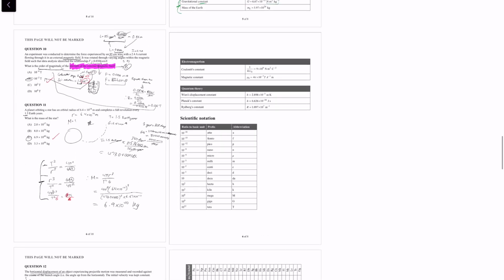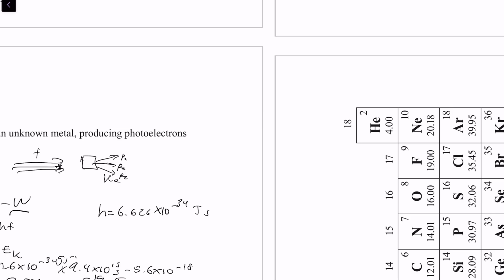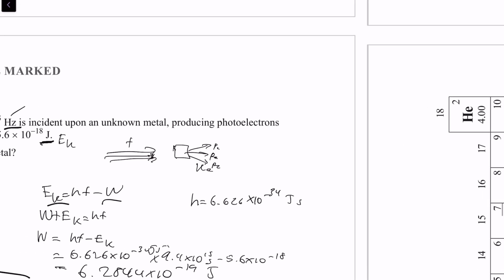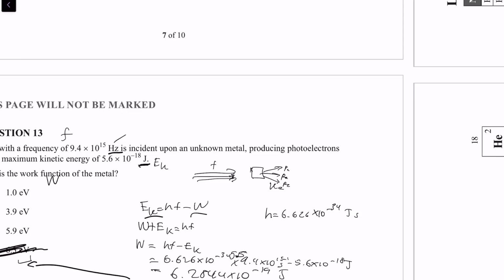Joules, no, sorry, never mind, so it's joules times seconds for h, and hertz is per second, and this one minus 5.6 times 10 to the negative 18 joules. So you can see here that the seconds cancel out, seconds times seconds to the negative 1 is seconds to the power of 0, which is just 1.